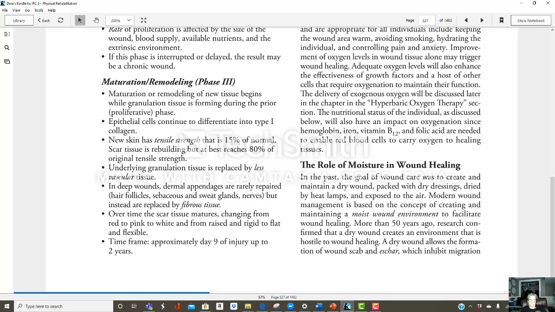In deep wounds, dermal appendages are rarely repaired. Hair follicles, sebaceous and sweat glands, and nerves are instead replaced by fibrous tissue. Over time the scar tissue matures, changing from red to pink to white and from raised and rigid to flat and flexible. Time frame: approximately day 9 of injury up to 2 years.